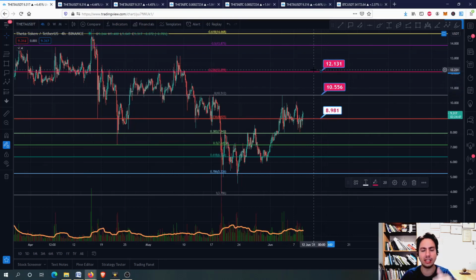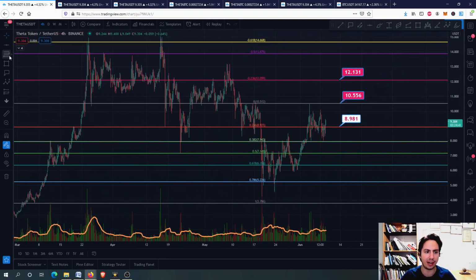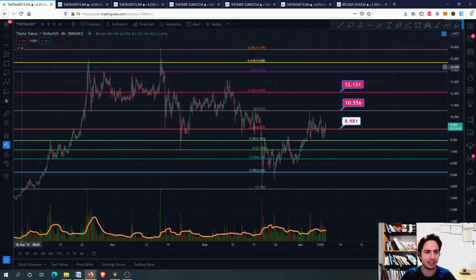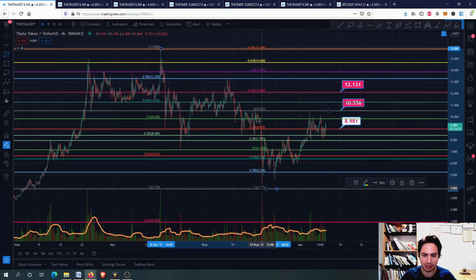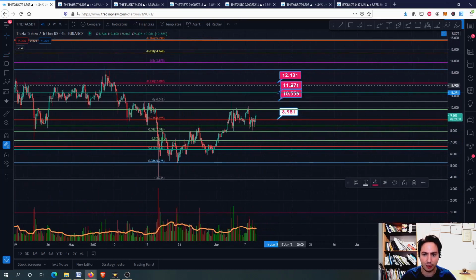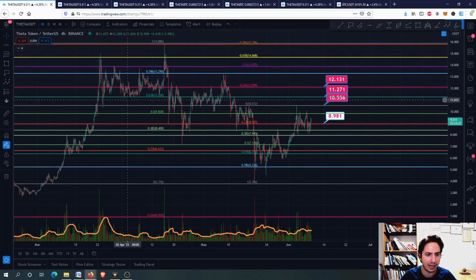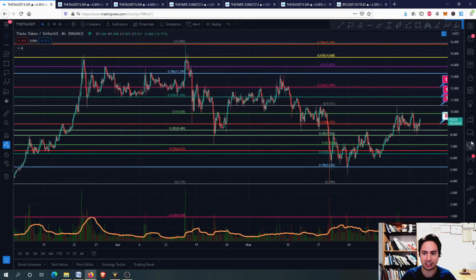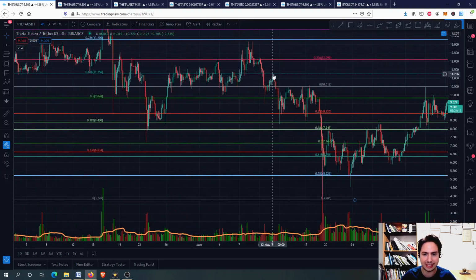But what you can do in order to find many more resistance levels is you can draw another Fibonacci retracement, guys, starting from this top right here, ending at the bottom that we had on 19th May. And now you can see that we have another resistance line, the 11 cents, which is our 0.618 Fibonacci retracement. You can see why, because here it was major support level, here it was major resistance level.